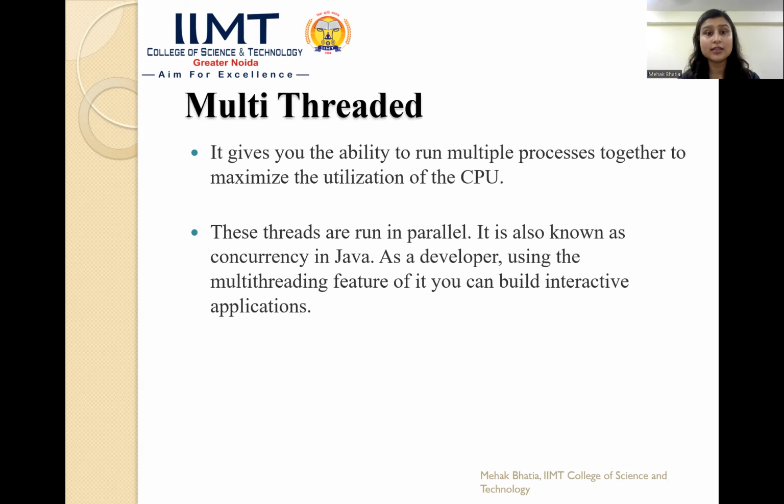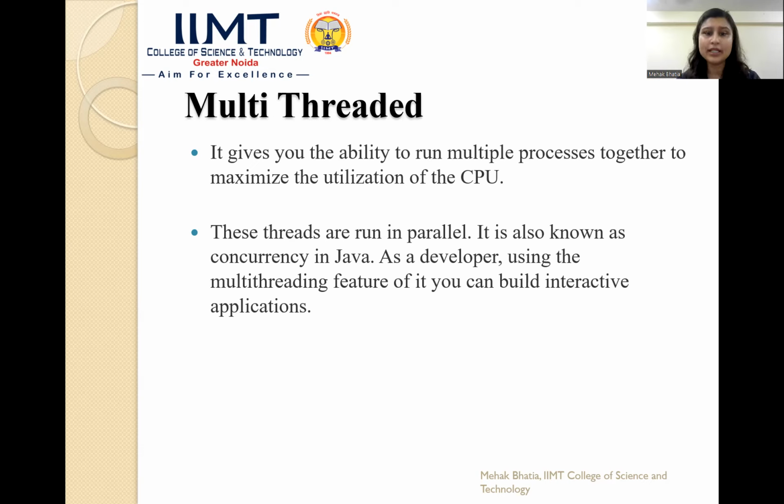Now let's move on to another very important feature, multi-threaded. Java is a multi-threaded programming language. First of all, we need to know what is a thread. A thread is basically a part of a process, a sub-part of a process. Multi-threaded means multiple threads can run at the same time, simultaneously or parallelly, which will increase the efficiency of any system.